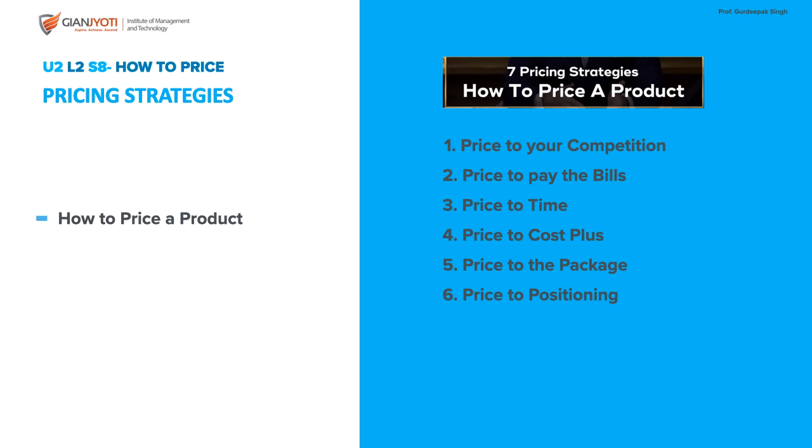They control the supply so that the availability of diamonds in the market is less, and the price shoots up. So you position yourself and then you become the leader, and then you try to lead the price. So that is price to positioning. And the last one is price to value.